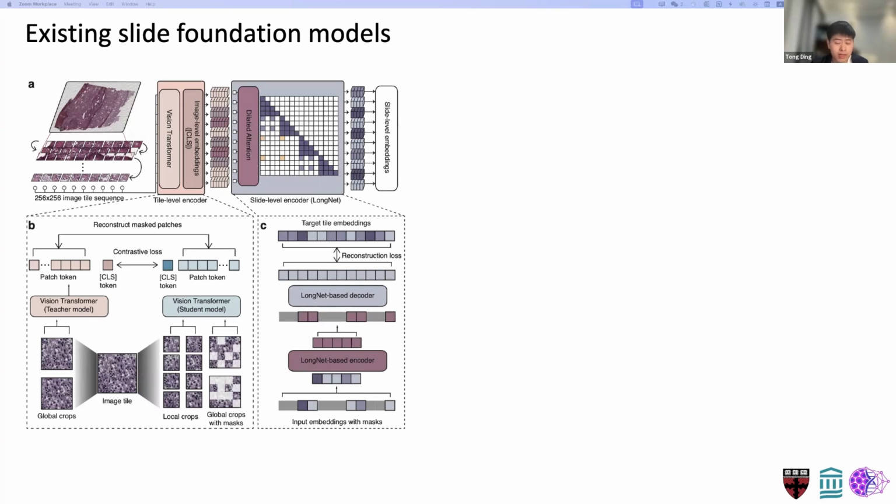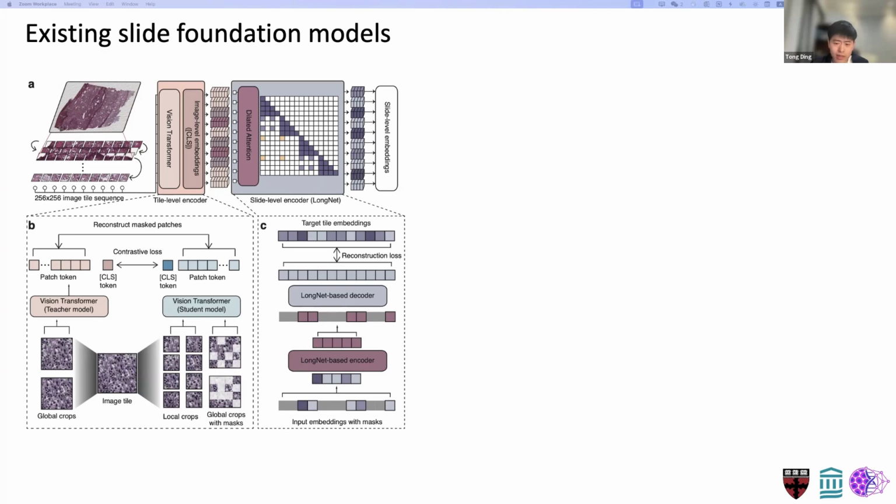While demonstrating decent performance with fine-tuning, this method is known to not work that well under the simple linear probing setting. That conflicts with our purpose of having off-the-shelf useful slide-level features.